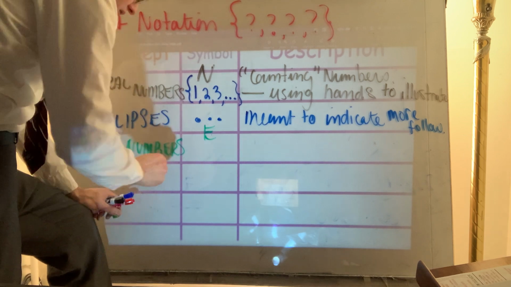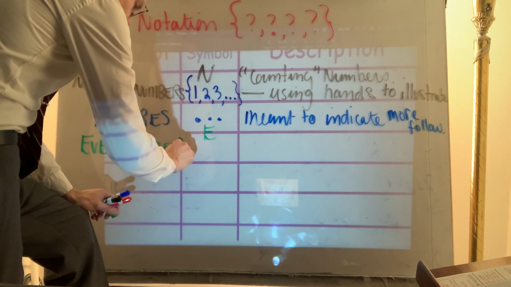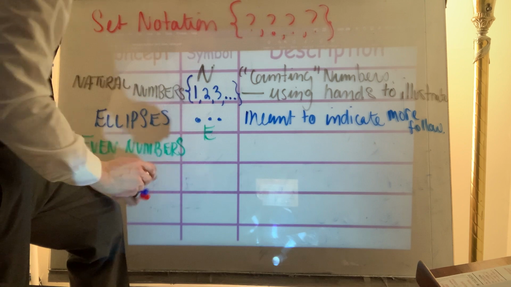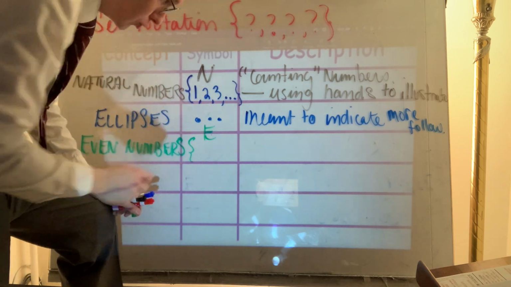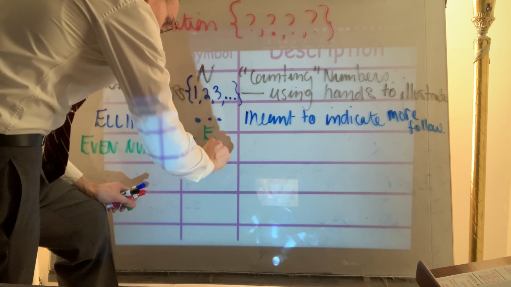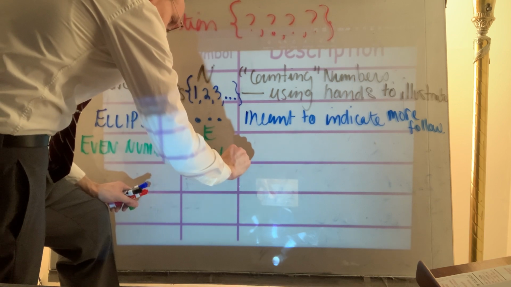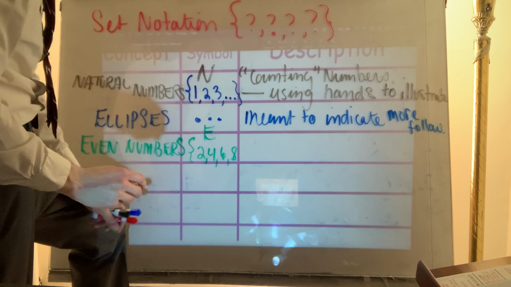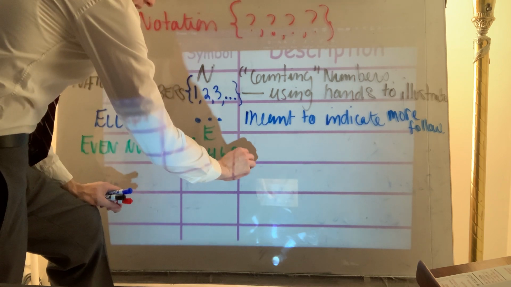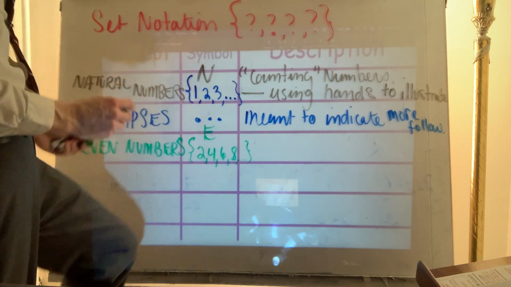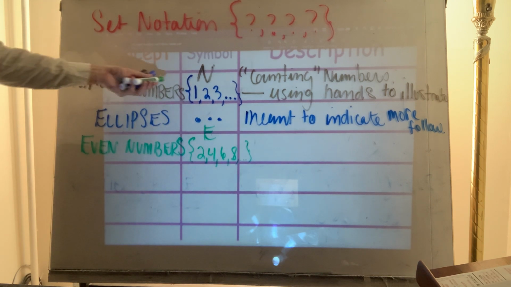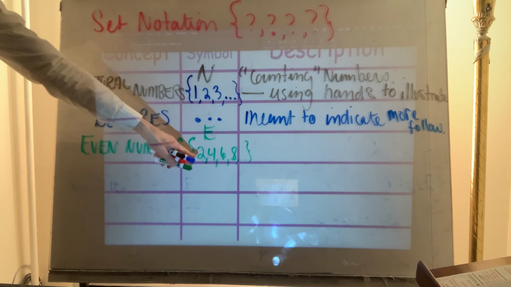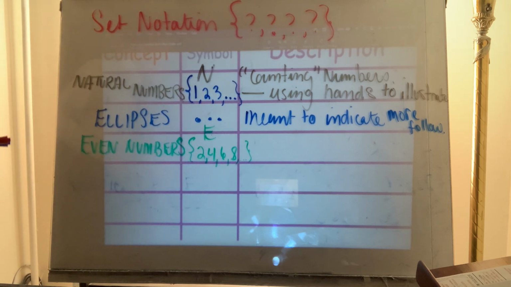There's no consensus. So I'm going to list them in set notation in roster style. What's the first even number? 2, 4, 6, 8, and so forth. One might argue that 0 is also an even number, but if we're sticking with natural numbers, 1 being the beginning, we're going to start with 2 for now.